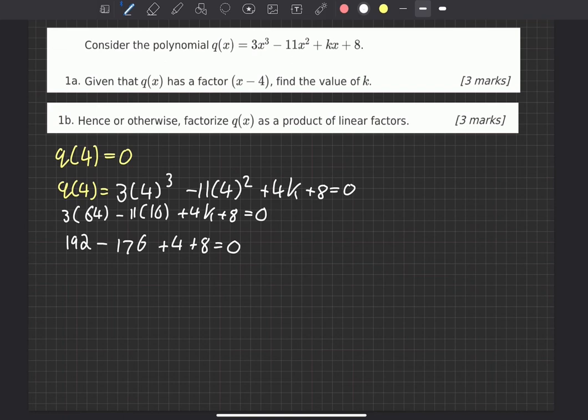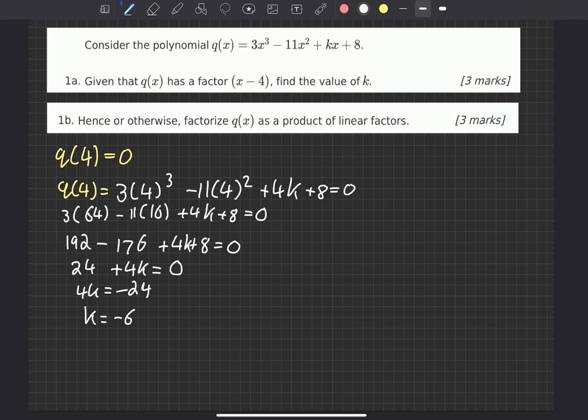Then combine the like terms. 192 minus 176 is 16, plus 8 is 24, plus 4k equals 0. 4k equals minus 24 and k equals minus 6, right?